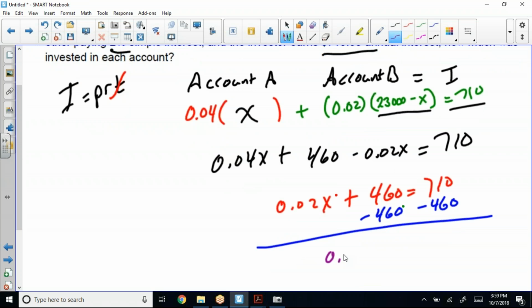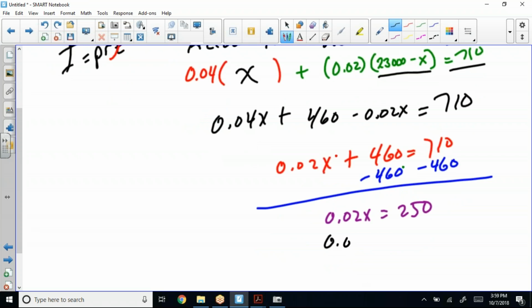That's going to give us 0.02X equal to 710 minus 460, which is 250. Of course, guys, we'll divide both sides by 0.02, so X will be equal to 12,500.